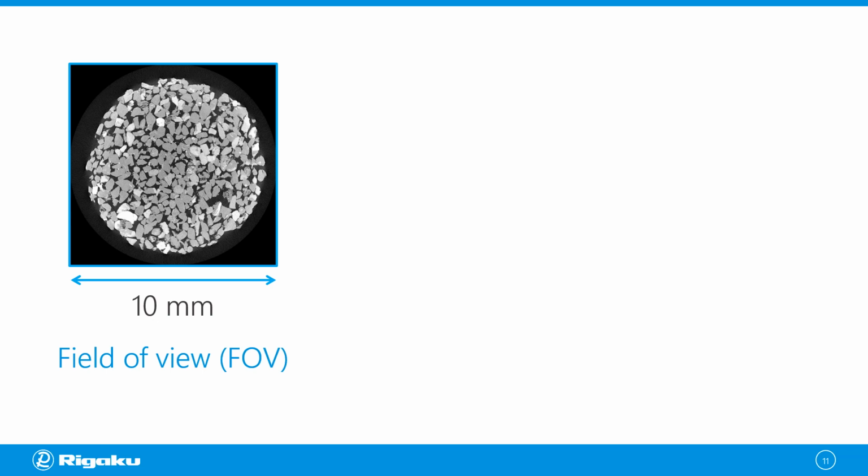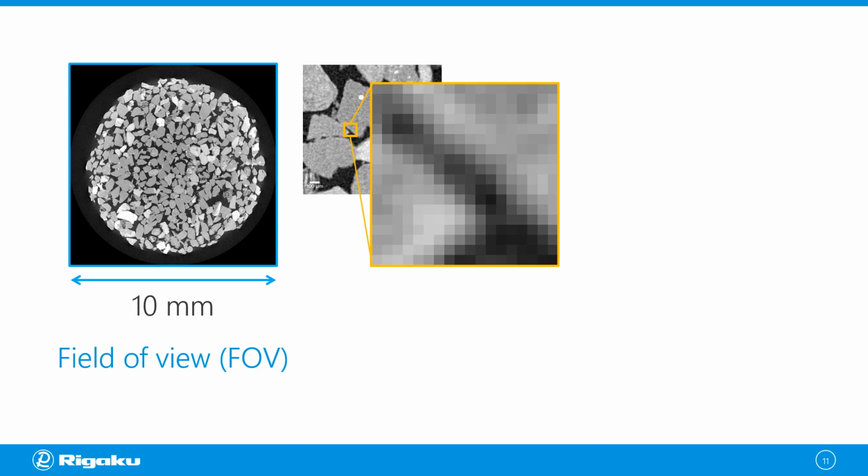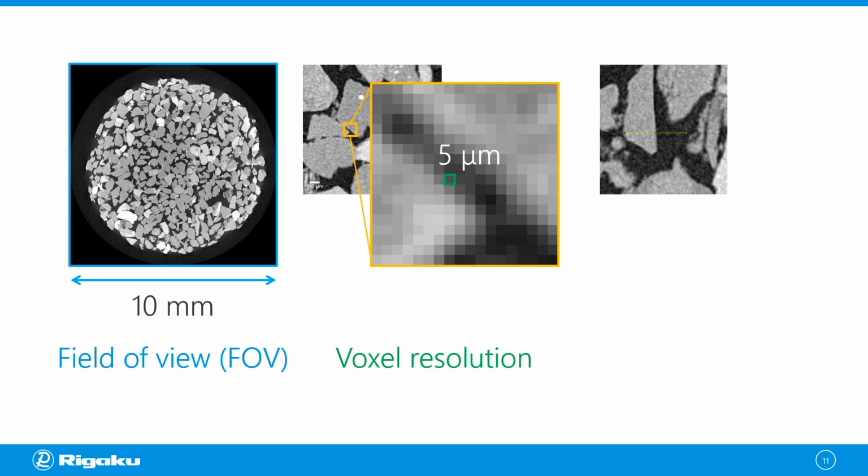That needs to be large enough to represent the sample. If you look into this image, you will start to see those individual pixels or voxels eventually. In this case, this voxel is 5 micron in size, and that is called the voxel resolution. That's also important. And the third factor is the contrast and signal to noise ratio.